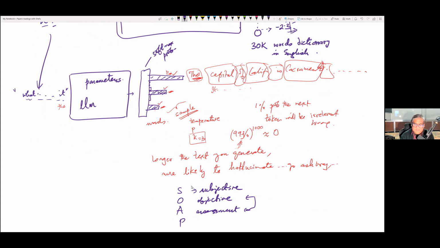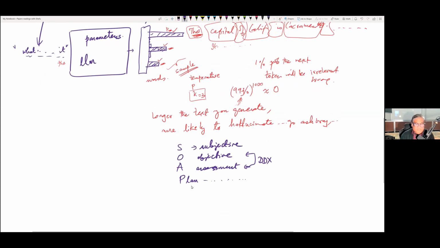This is what the physician is doing, your DDX, differential diagnosis. And what's your plan? The plan may be, for example, to do some procedures or to send the patient home with a prescription or whatever it is, and to manage the illness.